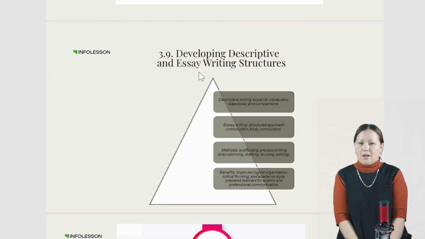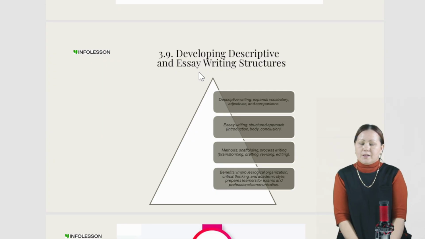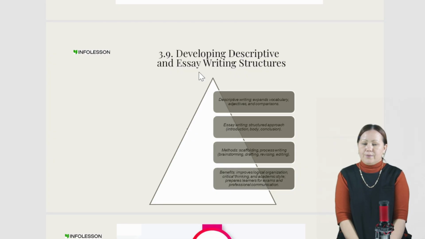Brainstorming ideas, planning and outlining, drafting, revising, and editing, producing the final version. This method helps students view writing not as a mechanical exercise but as a creative and systematic process of expression and improvement.